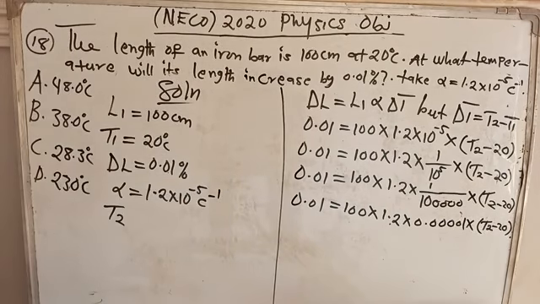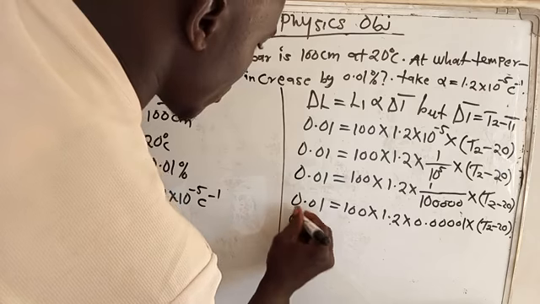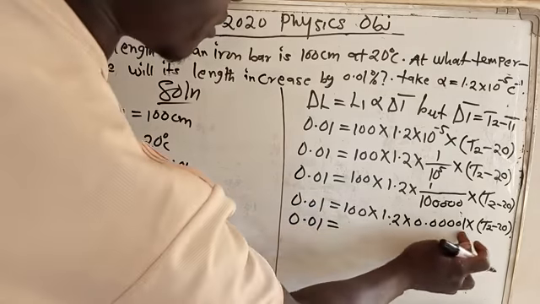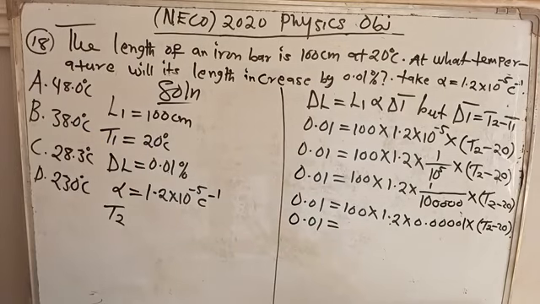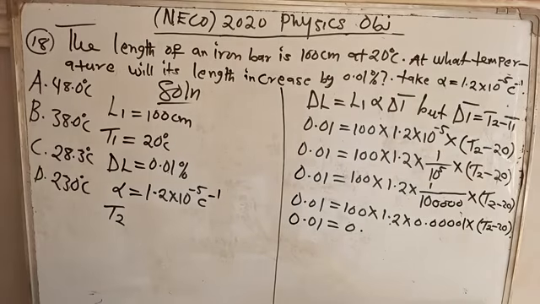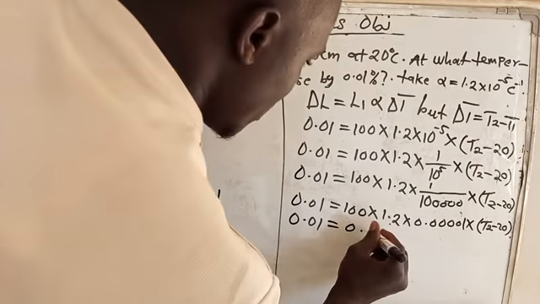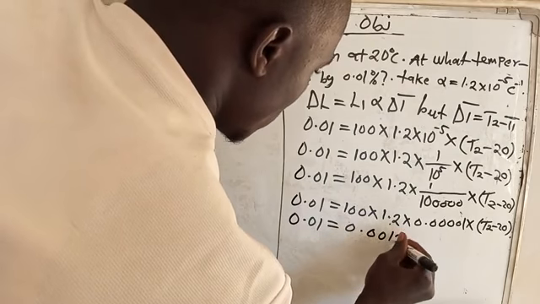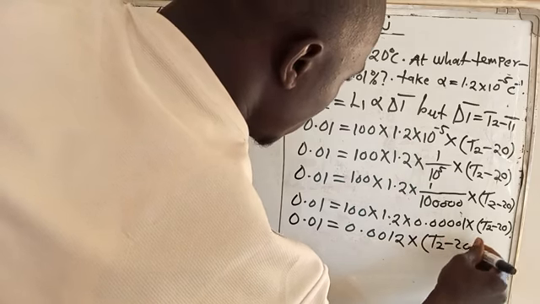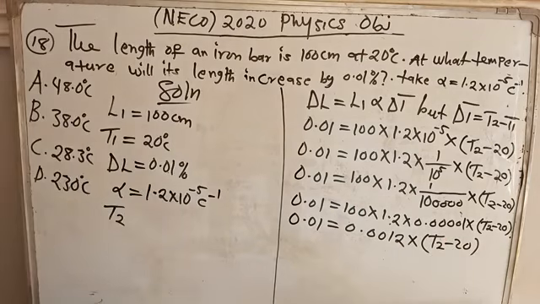Now when we multiply this out, 100 times 1.2 times 0.00001, the result is going to be 0.0012 times the bracket T2 minus 20.